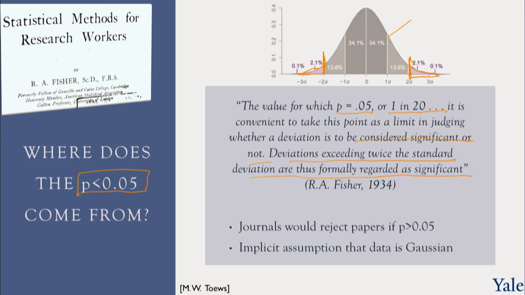And in a Gaussian distribution, the sum of this, let's call it A, and this B, A plus B is about 5%. So that's where it comes from. If you're more than 2 standard deviations away, we'll say that the probability is small, and that's the intuition behind Fisher's statement.